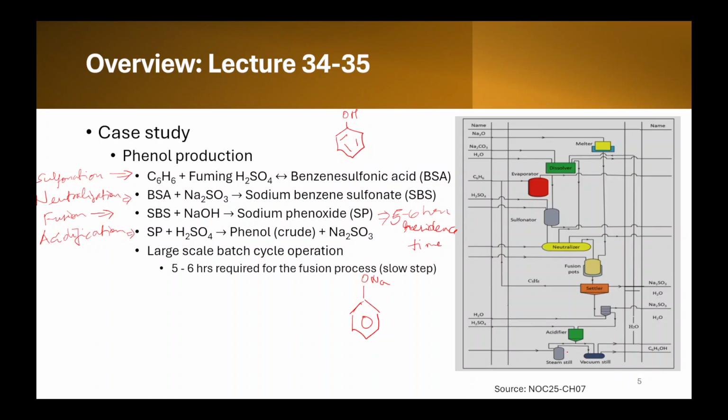The steam still is there because whatever the lower part is will have salts as well as some phenol. Steam stripping is done to get more phenol from there, and whatever salts there are are taken to the centrifuge and the filtration units to recover the Na2SO3.